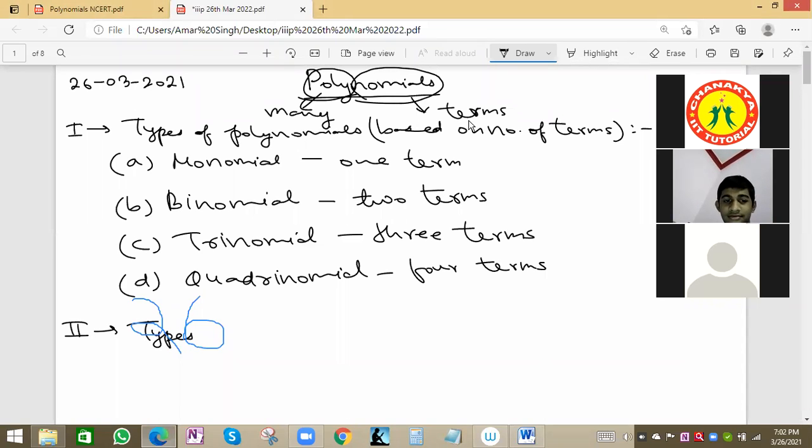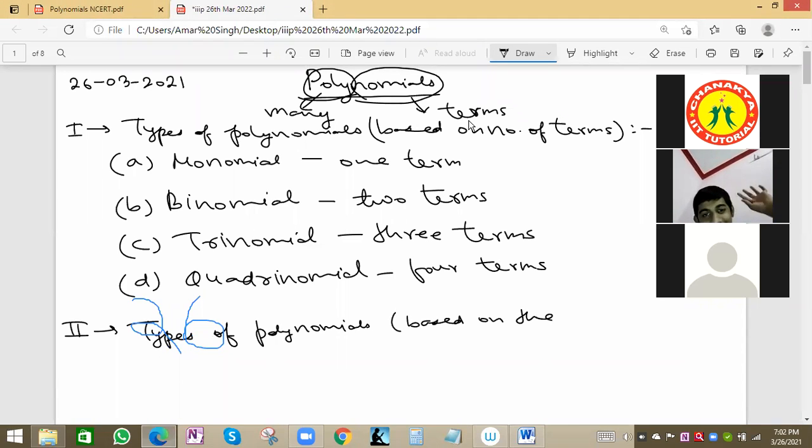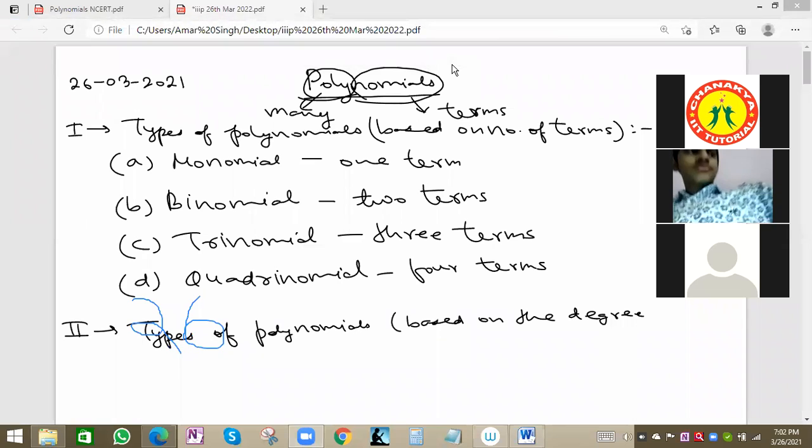So please erase this. Types of polynomials. We can say based on the degree of x.